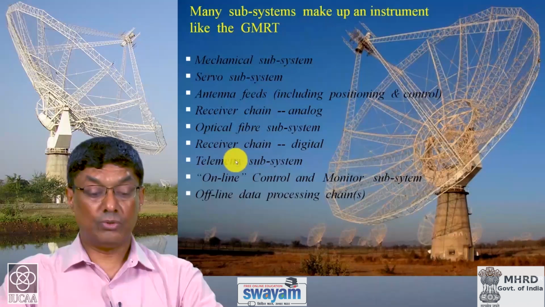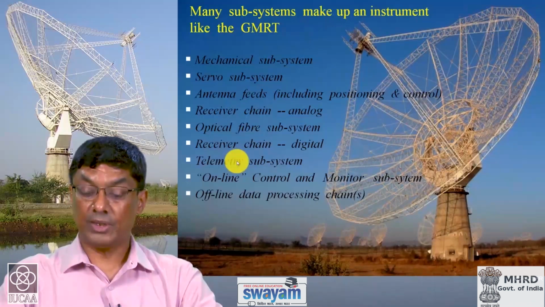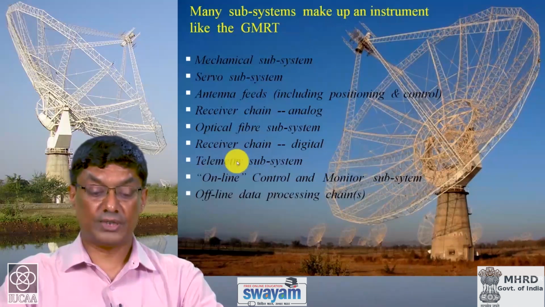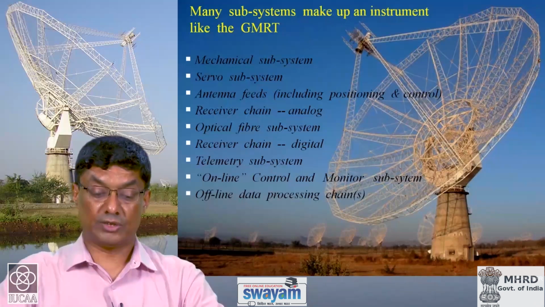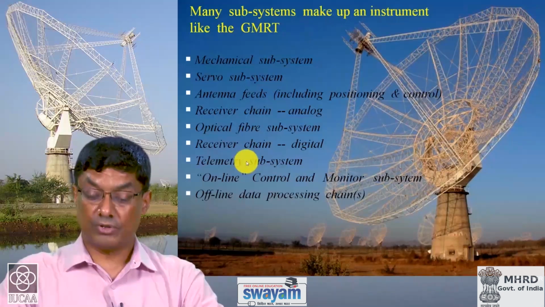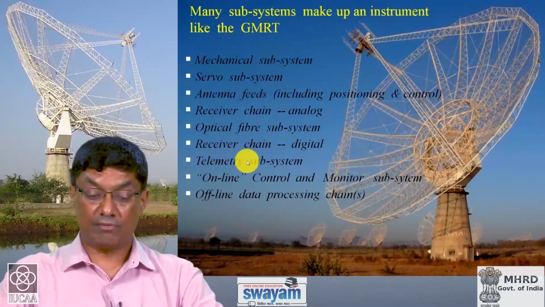And in order to control all of this, there is a very sophisticated monitor control and telemetry system, because everything is controlled from the central facility in an automatic fashion, whereby you can run an entire chain of observations for several hours, if not many days, from the central control room.